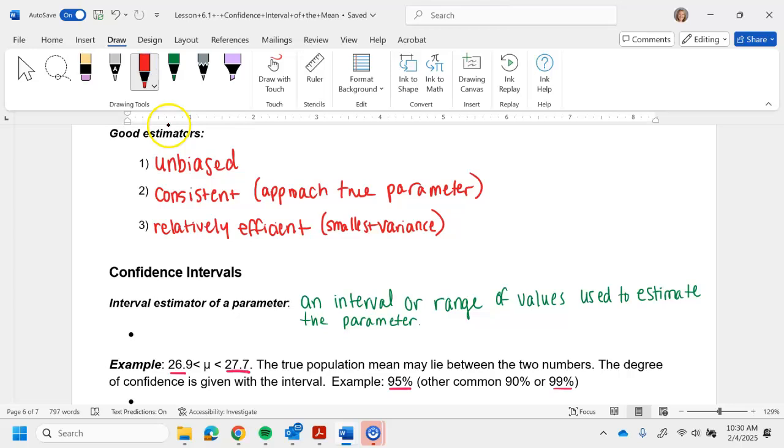Now, the estimate that you come up with based on your sample may or may not hold the true parameter.